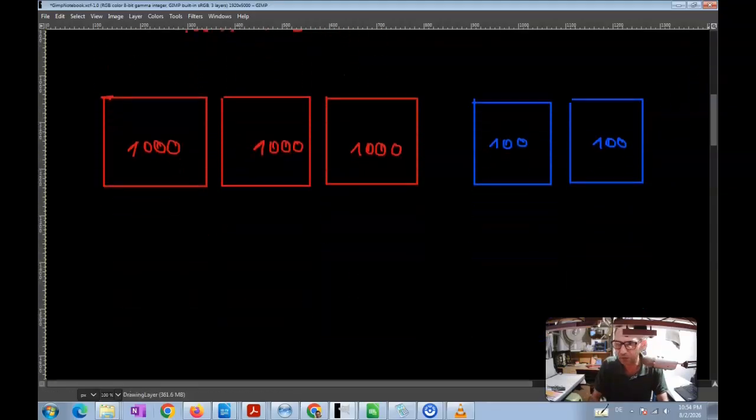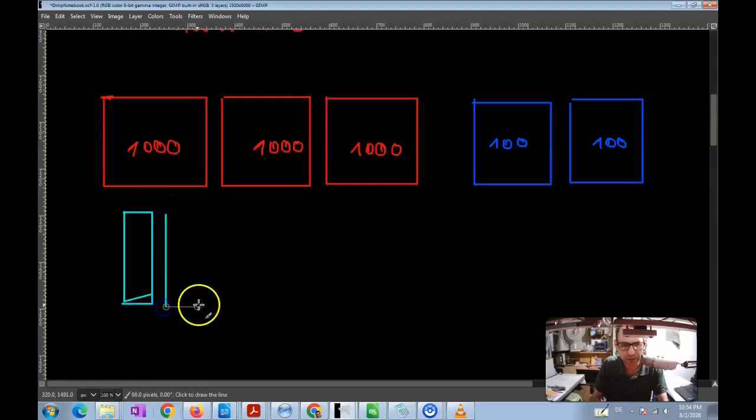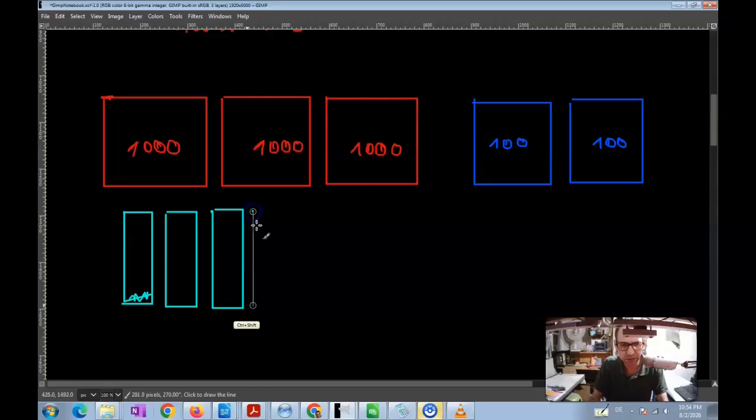And let's say that this is one group of 10, and that is another group of 10. This is another group of 10, and this is another group of 10, and this is another group of 10.